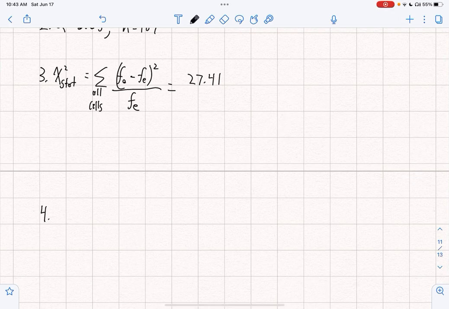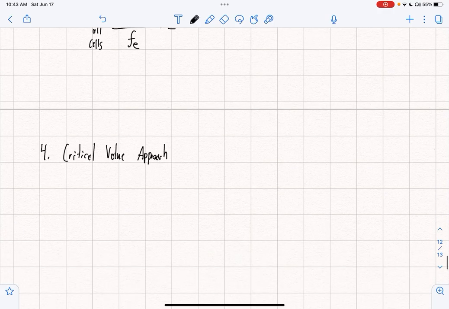Now let's move on to our critical value approach. Our rejection region will be if chi-squared stat is bigger than chi-squared 6 degrees of freedom, 0.05.